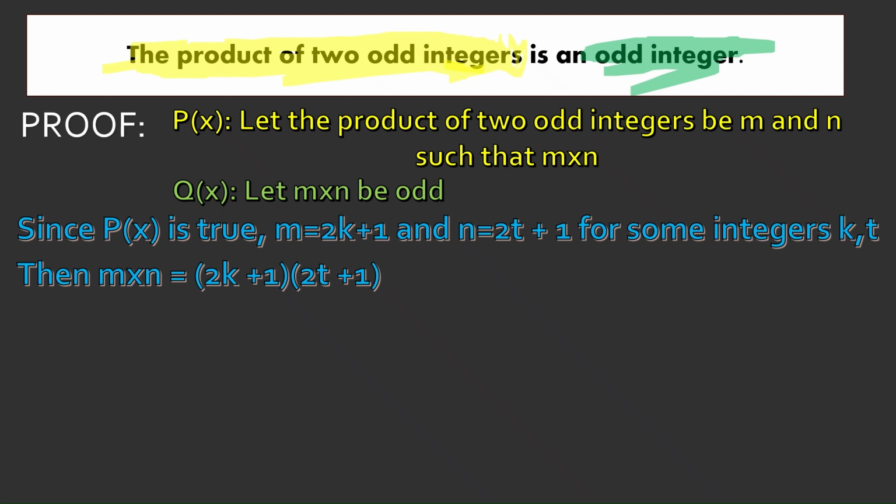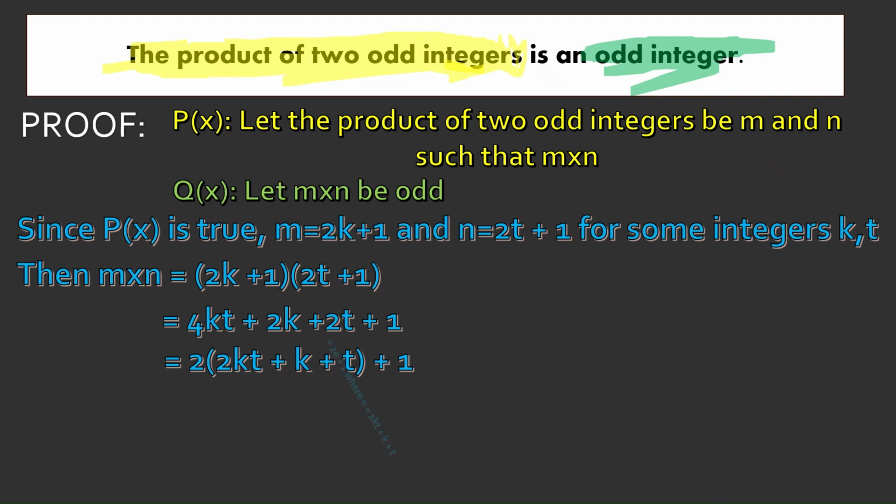So we say that m times n is equal to 2k plus 1 times 2t plus 1. And we begin to FOIL, which gives us this. And then we break it down, because what we want to do is come back and show that m times n is odd.